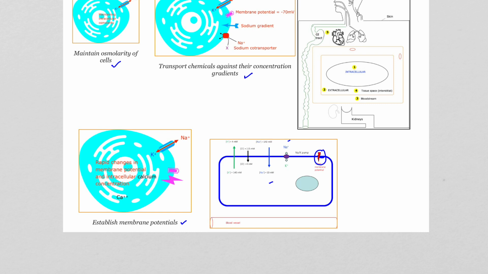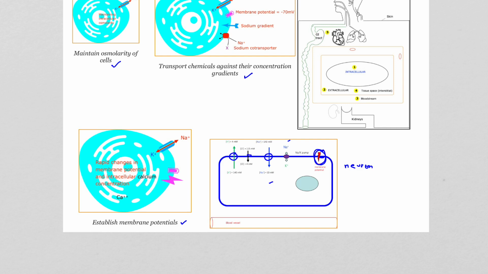So for example, if this cell was a neuron, there's a certain potential, and neurons have a lot of special transport proteins that can transport chloride or sodium or potassium.